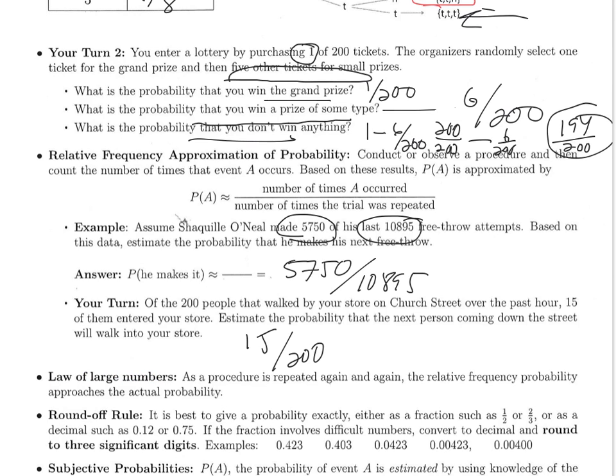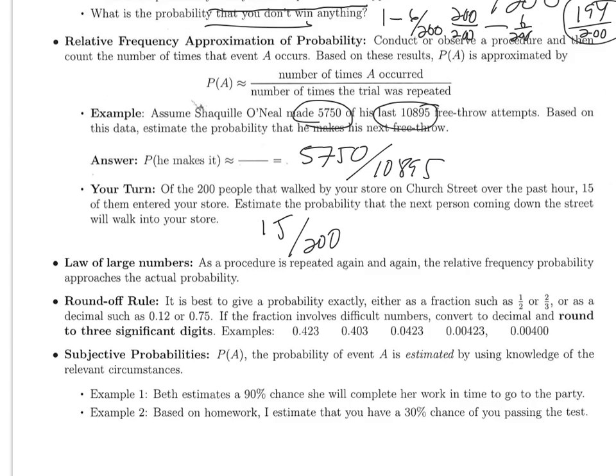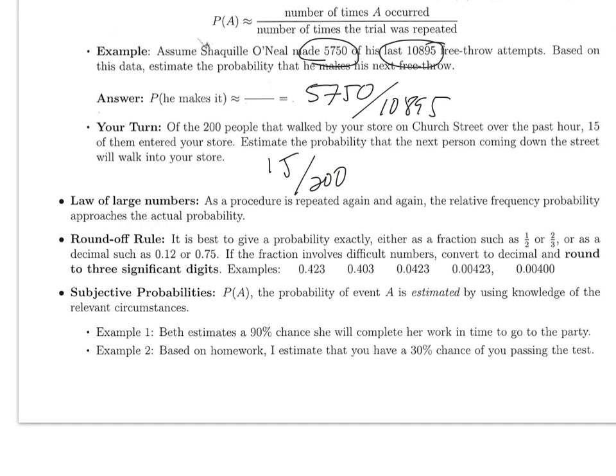Which is different from that law of averages, and we'll talk about that in class, and maybe I'll have you do some reading about that too. So the law of large numbers says the more often we repeat trials, our estimate will approach theoretical probabilities. And then this rounding off rule is just something he was using for his book.